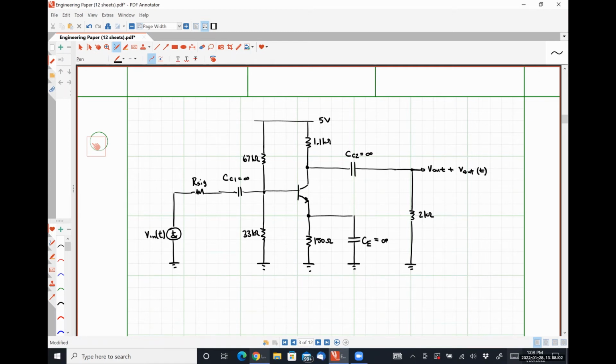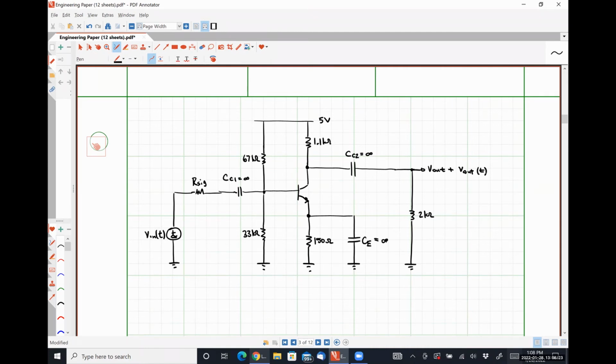So that's how we get our input signal superimposed on the DC value of our VBE. This is how we get our AC value superimposed on top of whatever this collector voltage happens to be.